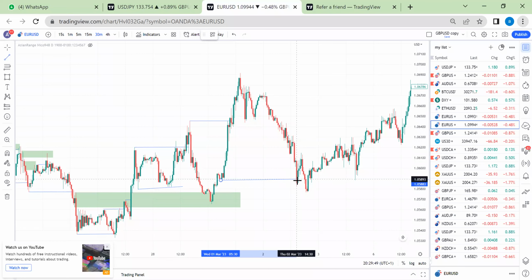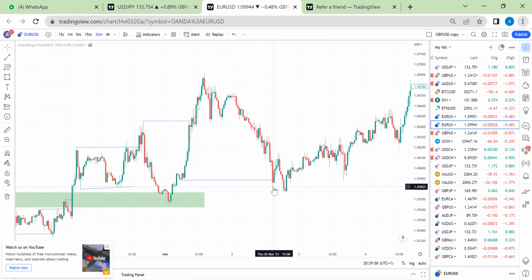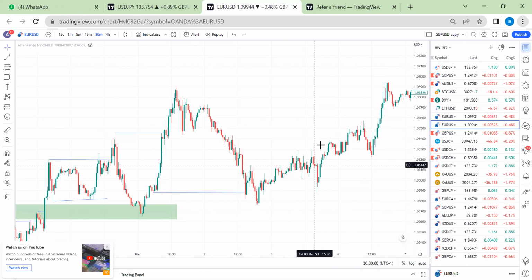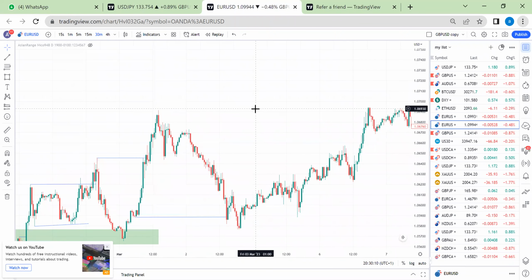Price grabbed it, most of the bids, then still swept some liquidity below. If you go to higher time frame, this will be like an order block. There will be an order block around here. Price tapped into that and continued up again to break another structure.